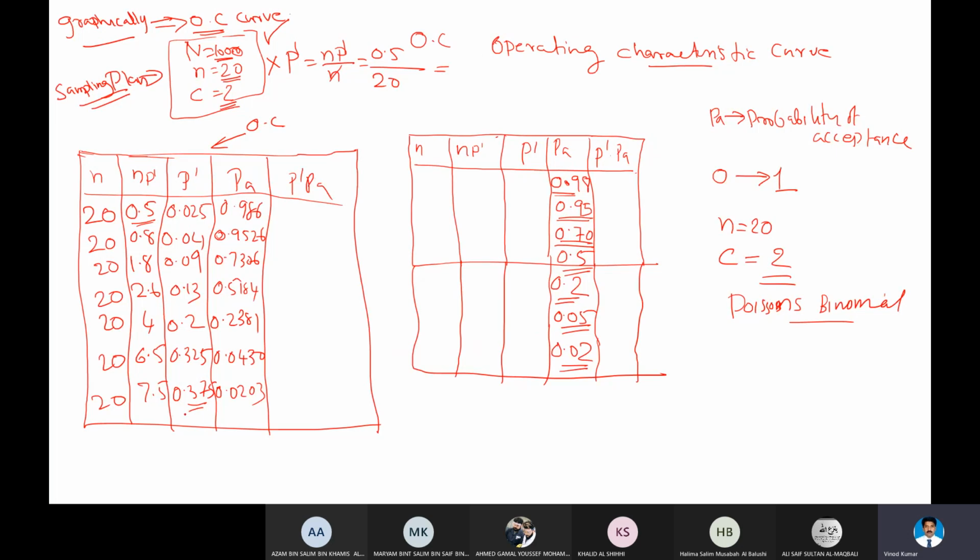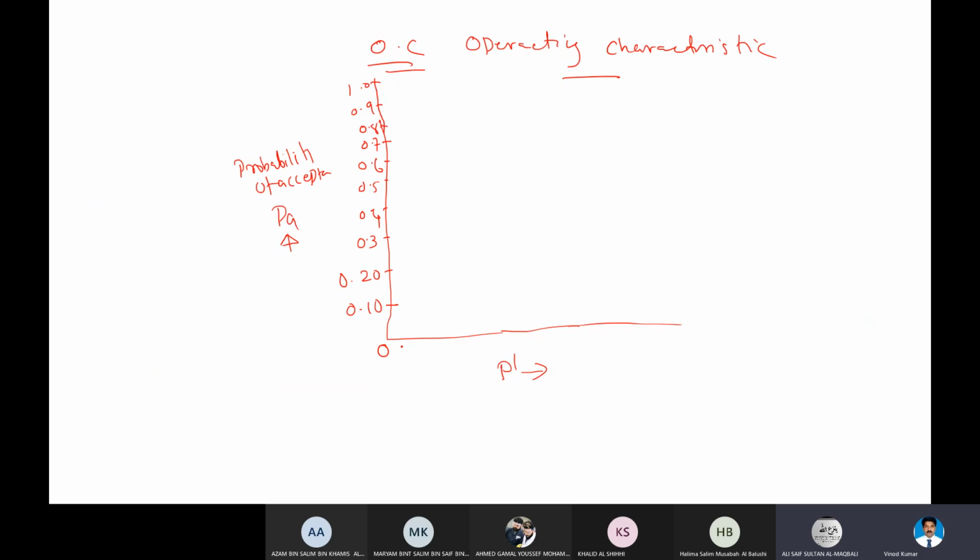It goes from 0 to around 0.4, right? So you can mark 0.05, this one 0.1, 0.15, 0.2, 0.25, 0.3, 0.35, and 0.4.